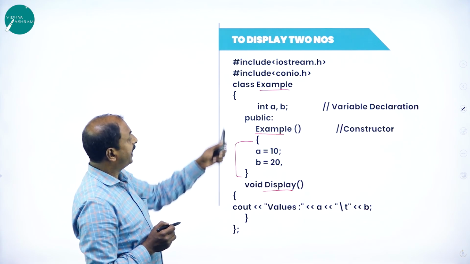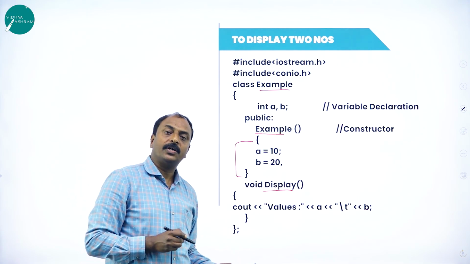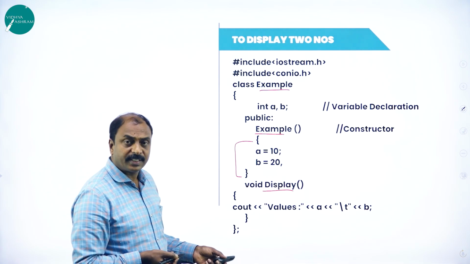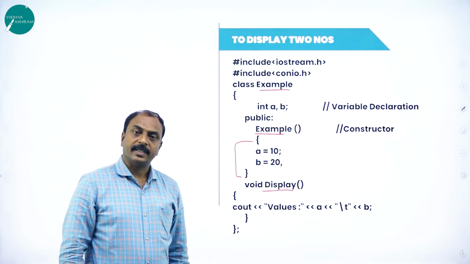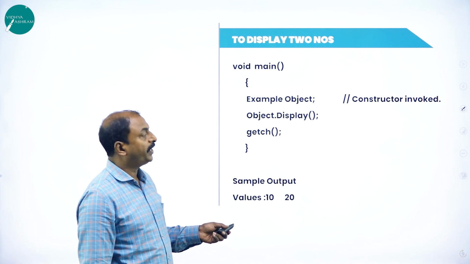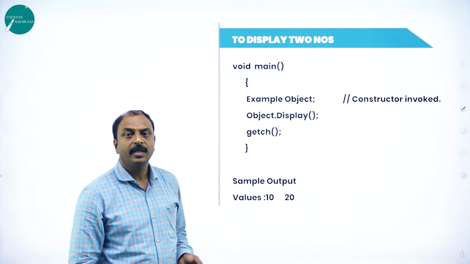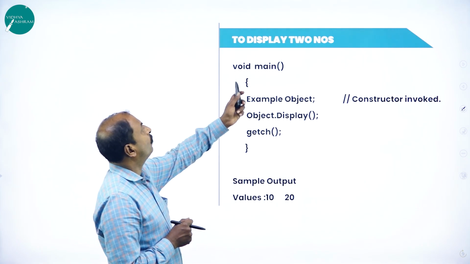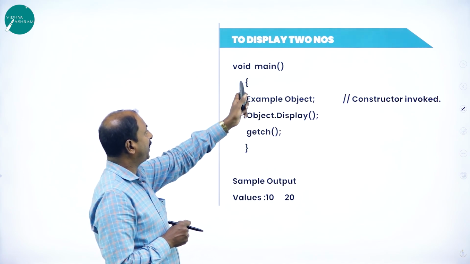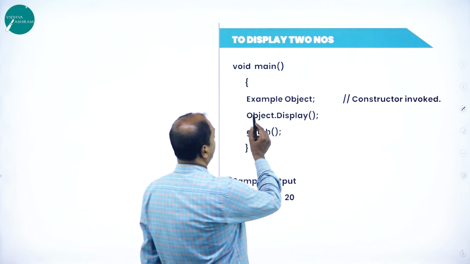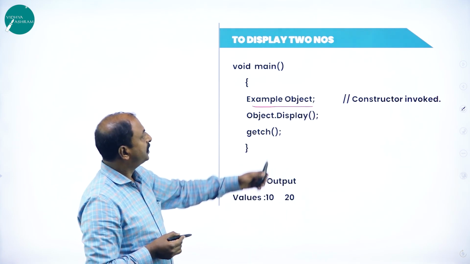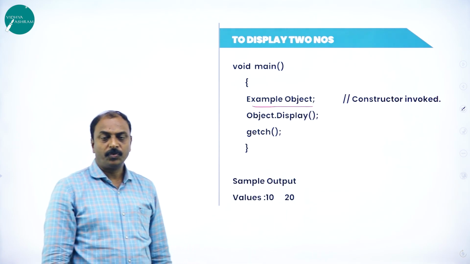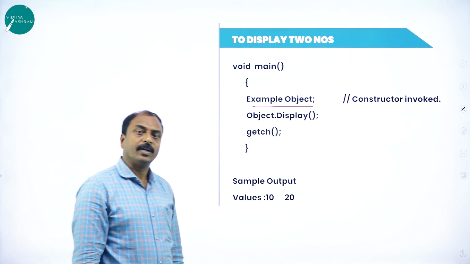So this is a class definition, and inside that we have a constructor under the public access specifier. After defining a class, next we have to write the main function. So void main function, open the bracket, and as we have learned in our previous sessions, the first step in the main function would be the creation of an object.